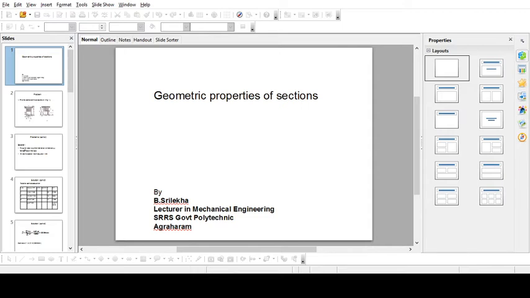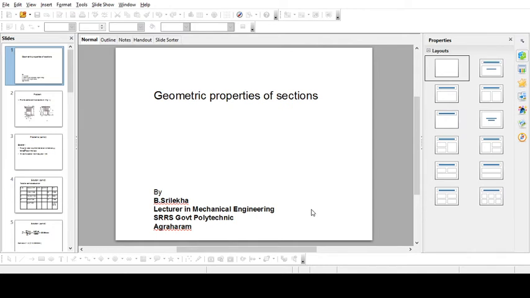Now let us see this. Let us locate the centroid of the composite figure shown in figure 3 with respect to the x and y axis. So you can see the x and y axis given. Here you can see different shapes: one rectangle, one right angle triangle and one semicircle.